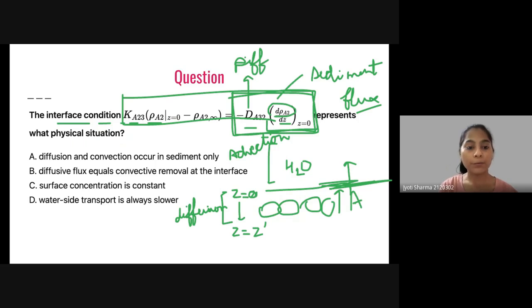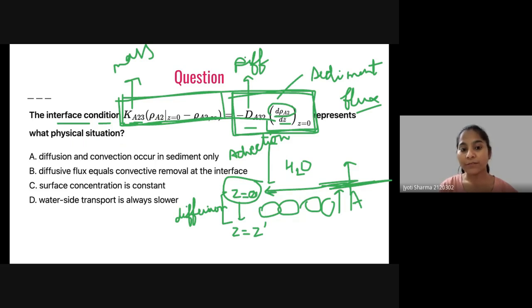Now coming to the left hand side term, this K is your mass transfer coefficient, and just see here, this is 23, so this is the water side. It says we have rho A2 at z is equal to 0, so here we have some concentration of A in the pore water at the interface, minus rho A2 infinity.